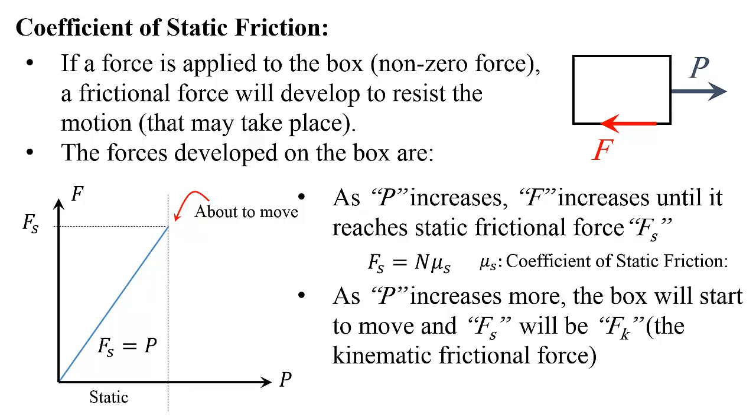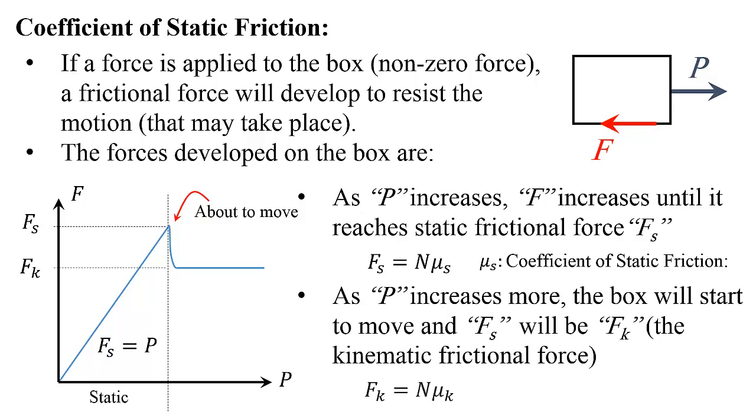Now Fs is not Fs anymore, it's called Fk. It's the kinetic frictional force, and it's going to look something like this, and I believe it's always less than Fs.